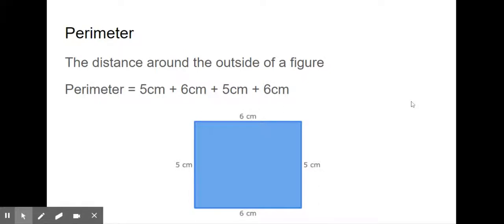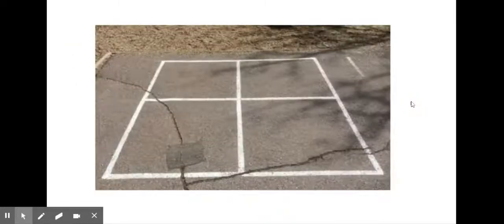All right. Here's a couple of examples of perimeter at school. This is out on the playground. I took these last year, but this is a 4-square court. We could find the perimeter of this 4-square court. Remember, perimeter is the distance around the outside of a figure.